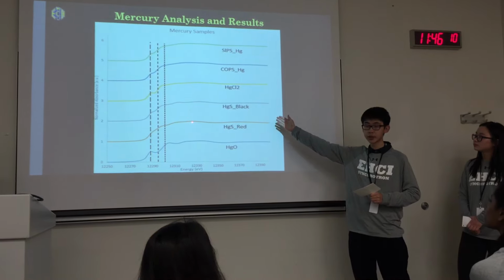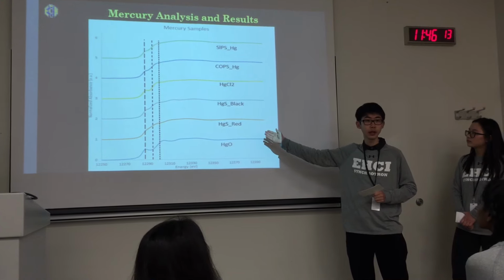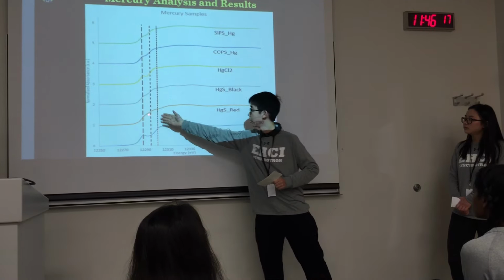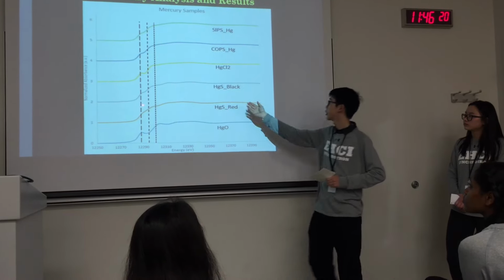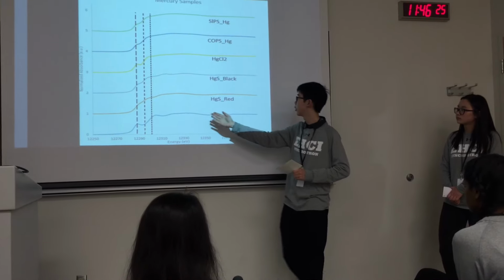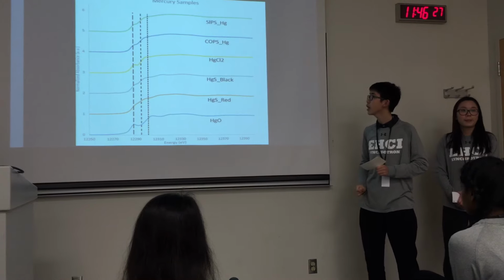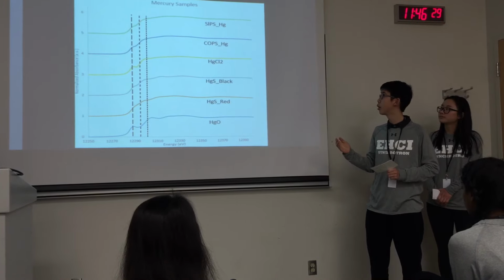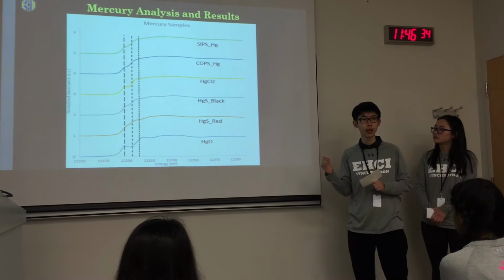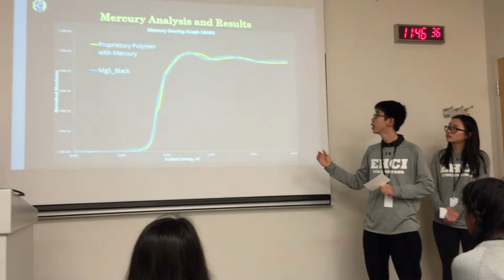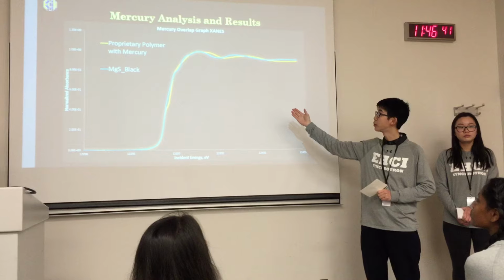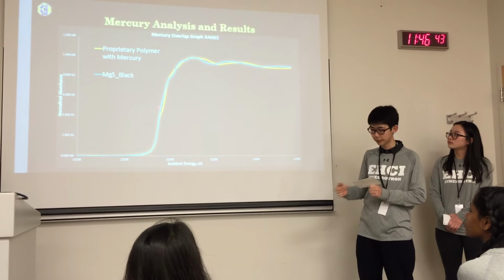Mercury sulfide black and mercury sulfide red, they're very similar but also different. That is, there is a curve in mercury sulfide black here, while there didn't seem to be a curve in mercury sulfide red. And to be sure, we made an overlap graph for our polymer and mercury sulfide black. Here, the yellow line is our proprietary polymer with mercury, and the blue line is mercury sulfide black.